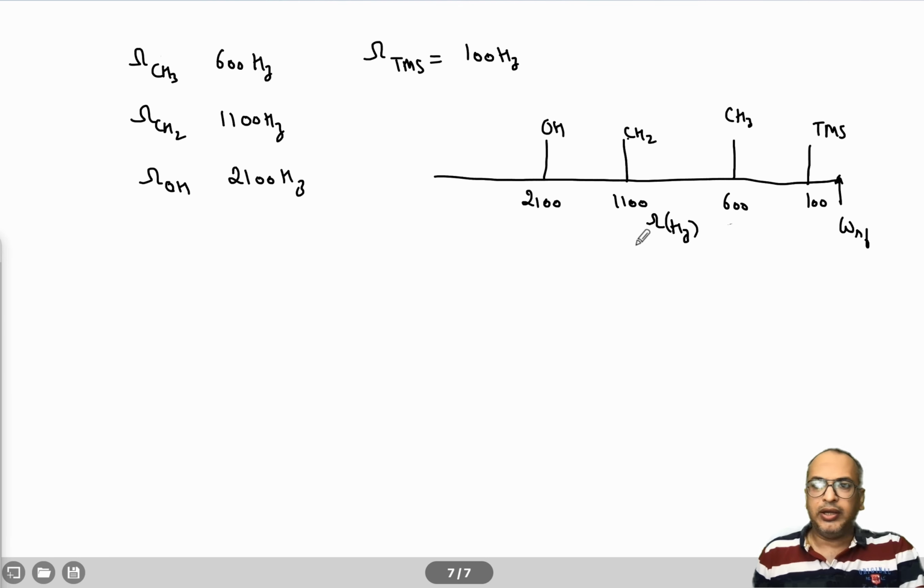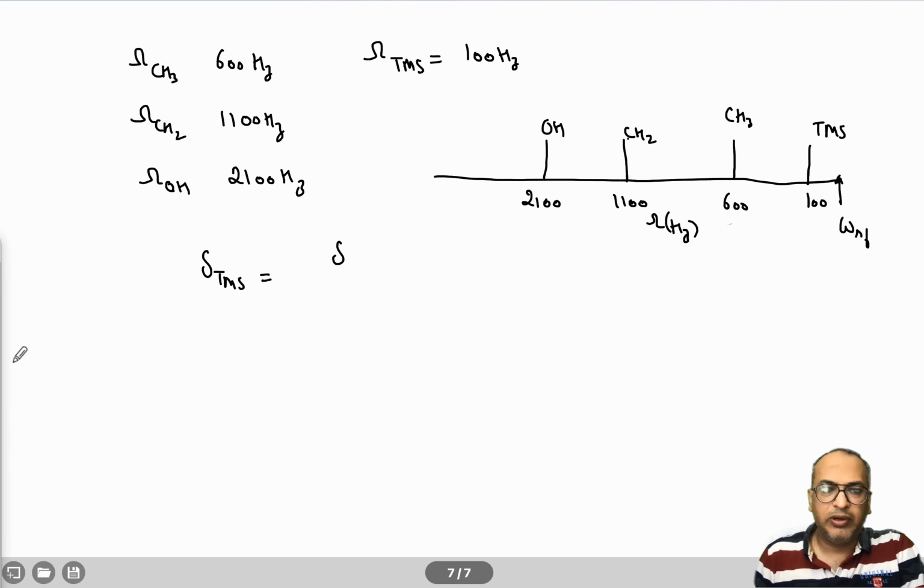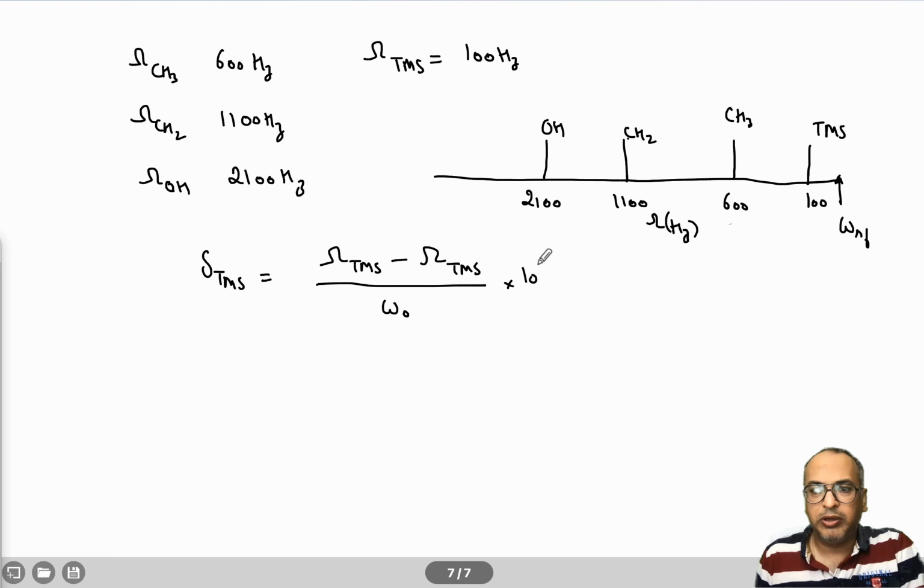Now if you calculate delta values for all of these, let's calculate delta TMS. Using that formula, delta will be omega TMS minus omega TMS divided by omega naught into 10 to the power 6.